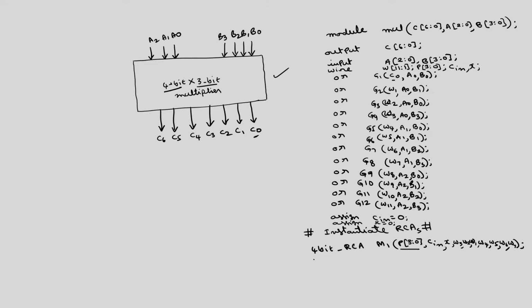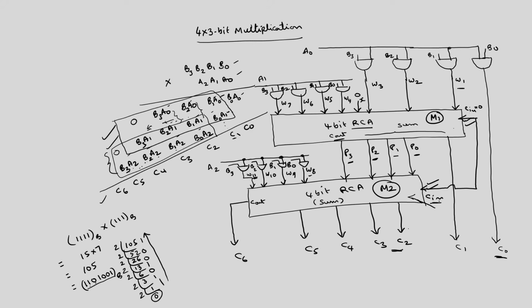Okay. Then again you have to instantiate this 4-bit ripple carry adder, whose name I have given as M2. Now, what are the outputs and inputs of this? The inputs are Cin again, same Cin, and then P3, P2, P1, P0 is one set of the input, W11, W10, W9, W8 are the other inputs. Then the final outputs are C6 to C2.